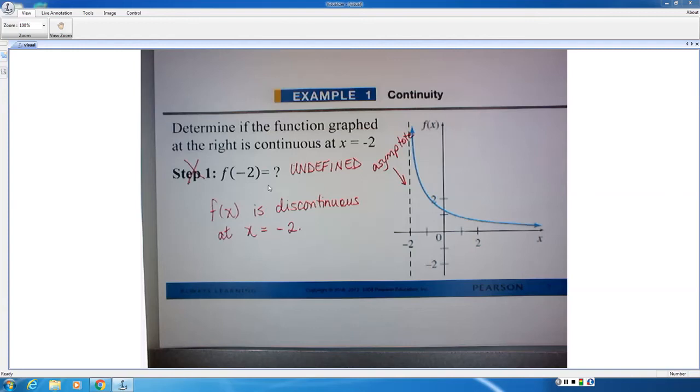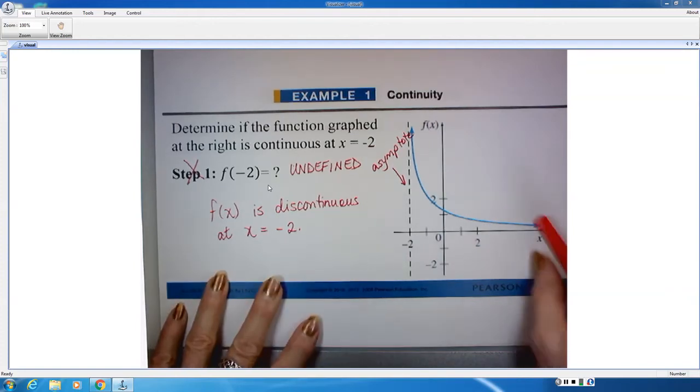Any questions so far? The calculus should be just backing up what you know realistically. If I had asked you that question and not taught you any calculus, if I had asked you, is that graph continuous at x equals -2, you would have said, no, because it doesn't go anywhere after that. It just approaches -2. It never crosses it. It doesn't ever connect up with the other side. Okay? But calculus gives us a reason why.